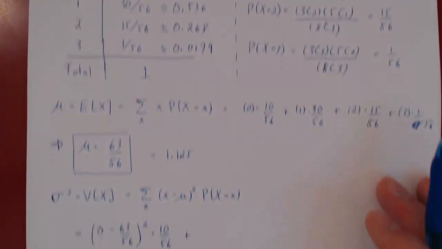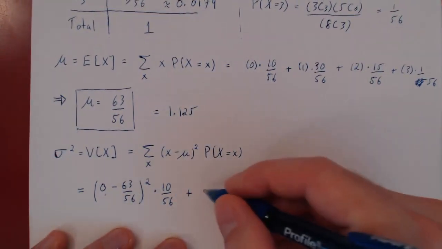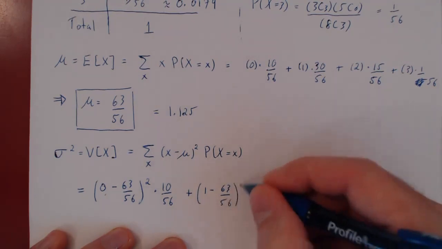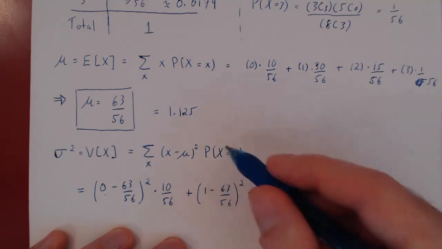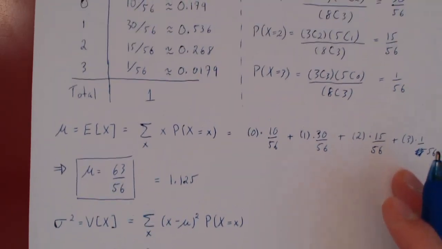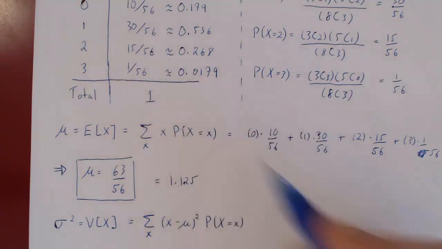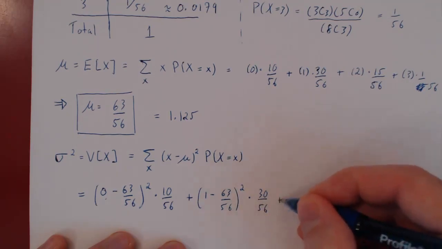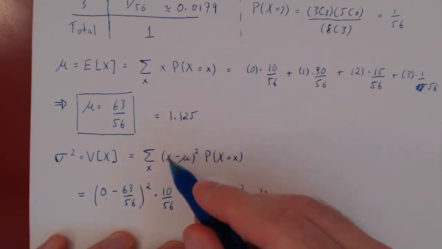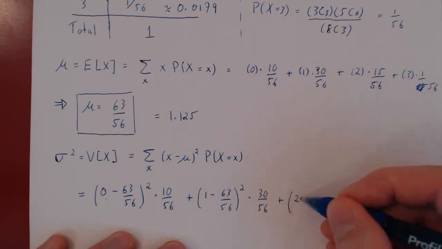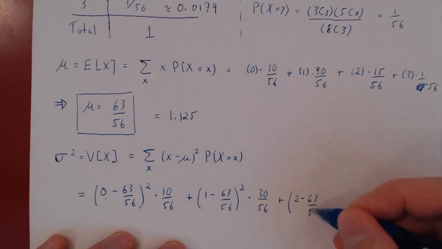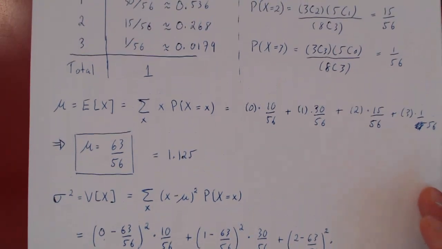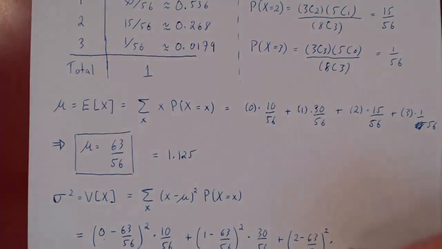So 1 minus the mean squared. So 1 minus 63 out of 56 squared times the probability that x equals 1. Well, this is 30 out of 56. Plus the other value of x when x is 2, so 2 minus the mean squared, times the probability of observing x equals 2, and that is 15 out of 56.